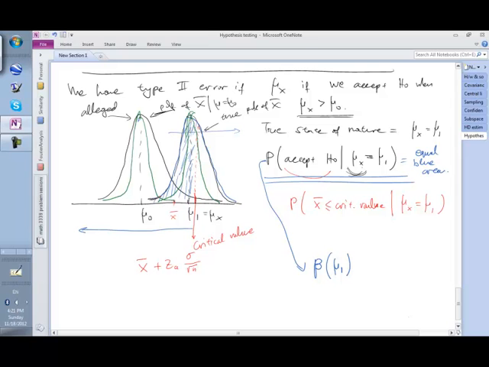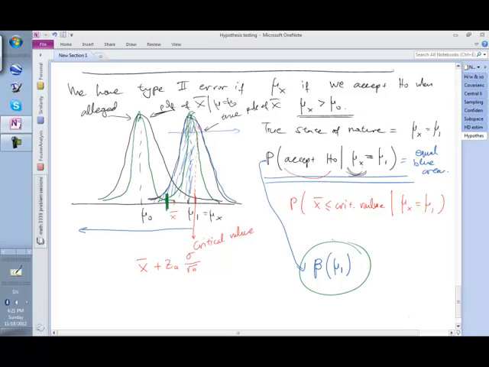What would have happened is that when they are tighter, with the same true value of the mean of x equal to mu sub 1, the critical point would have moved here. And as a result, that would have given a smaller value for beta.